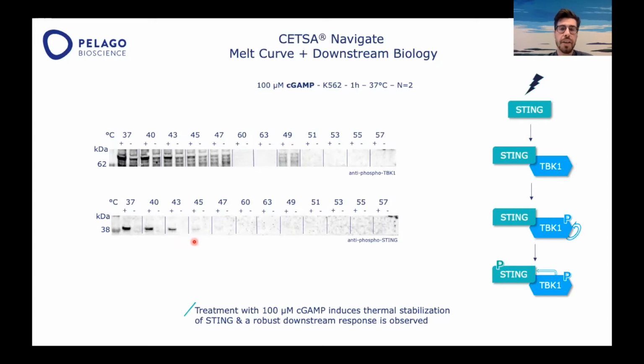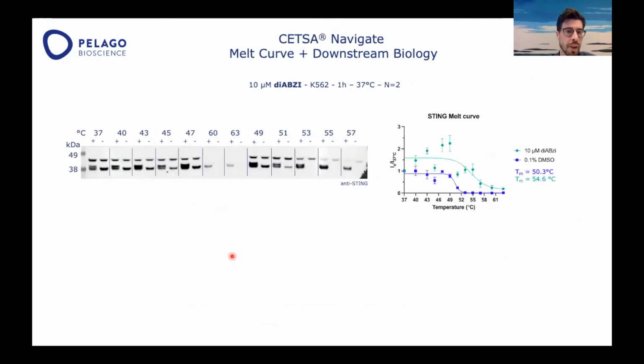So let's have a look at another tool compound that Helena talked about already as well, which is diABZI. Right here. If we now look at the compound incubated samples, we see the appearance of a double band. Since this is quite hard to separate in the quantification, this band is treated as one in the graph.